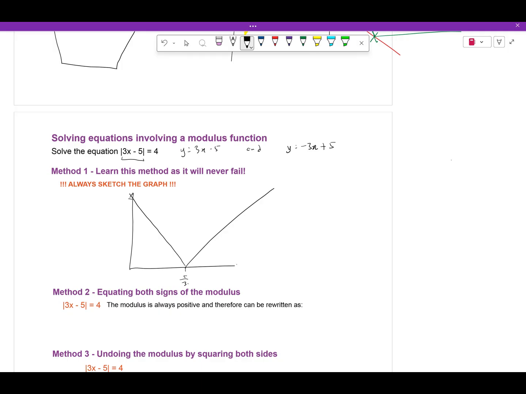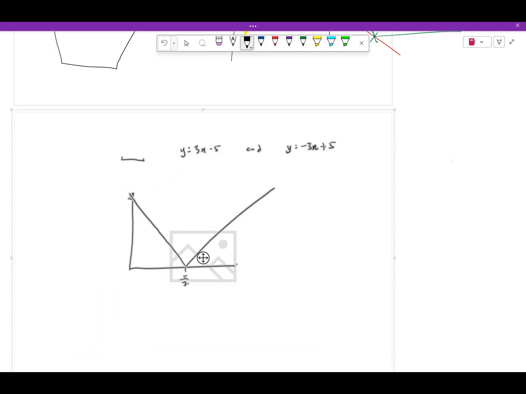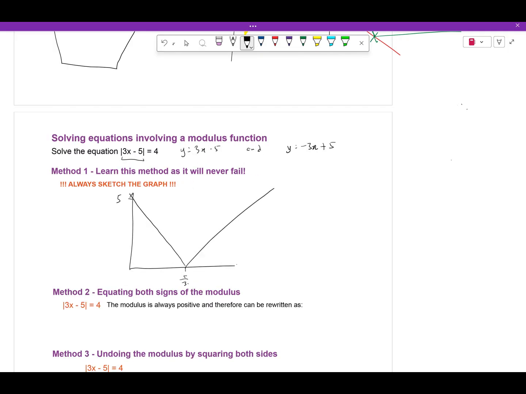Then you will see why I am doing this rather than just doing the equal form. Here is 2, here is our x equals 5, y equals 5. That is my mistake.